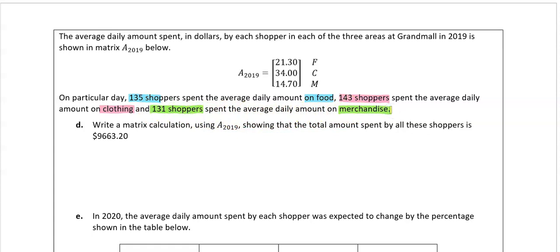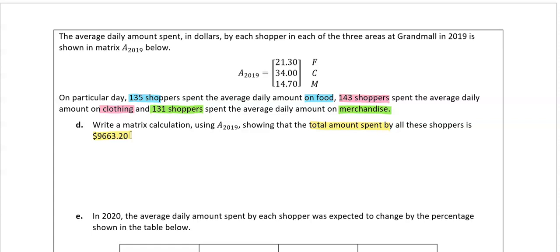We now need to write a matrix calculation using A 2019 from above, showing that the total amount spent by all of these shoppers is $9,663.20. So at this point, they're asking you to do a matrix calculation, but first I want you to think about, well, what do I want to end up with?